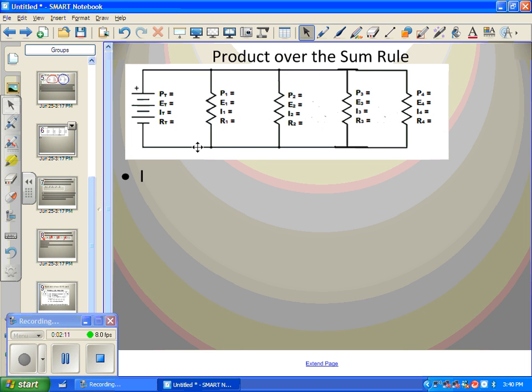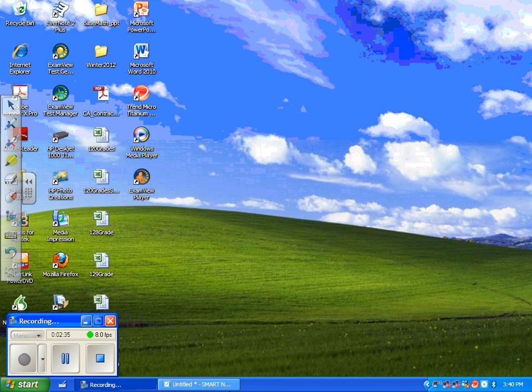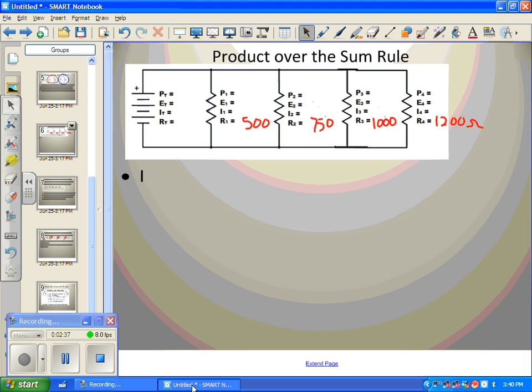Let's say we're going to have, let's see here, let's put in 500, 750, 1,000, and 1,200 ohms. Everybody okay with that? Now let's add in some other total.